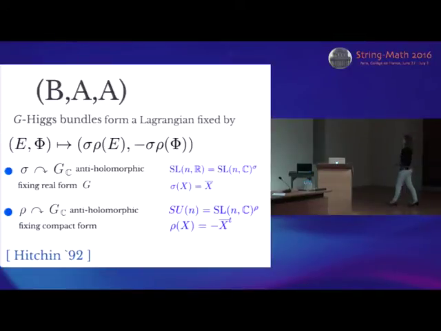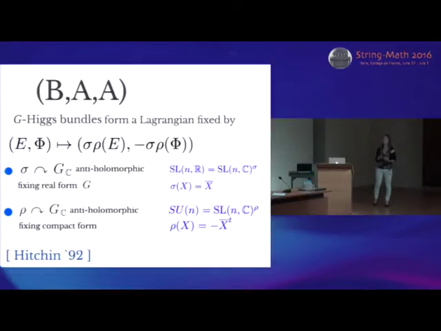If then you define the involution that sends a pair E, phi to sigma rho E and minus sigma rho phi, what you're doing is you're asking the holonomy of that connection, that was the solution of Hitchin's equations, to have holonomy inside G, the real group G. I've set there some examples for you to have. The fixed points of this involution give a Lagrangian subspace, which is in fact a BAA brane. So it's Lagrangian with respect to omega j and omega k, but it's a complex submanifold with respect to I.